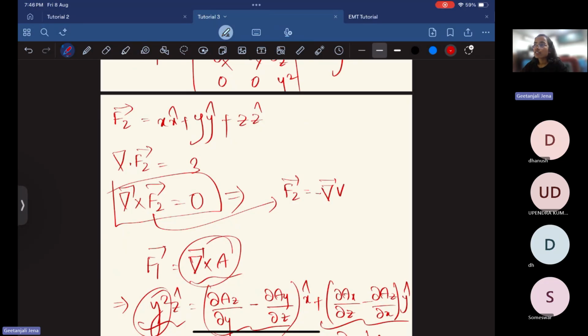If you recall the electric field and the electric potential, the electric field is along the direction of higher potential to lower potential. So that is why we have taken a negative sign here. So it is a convention. It's not like a hard answer.